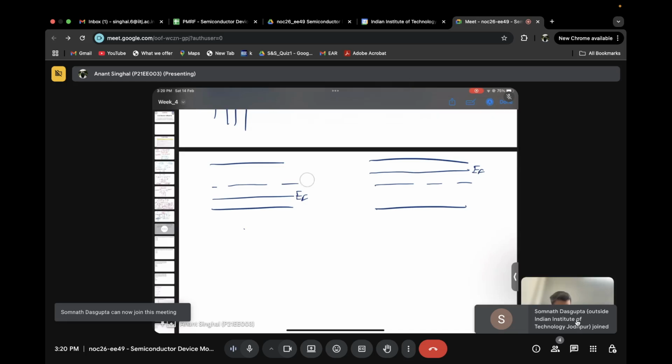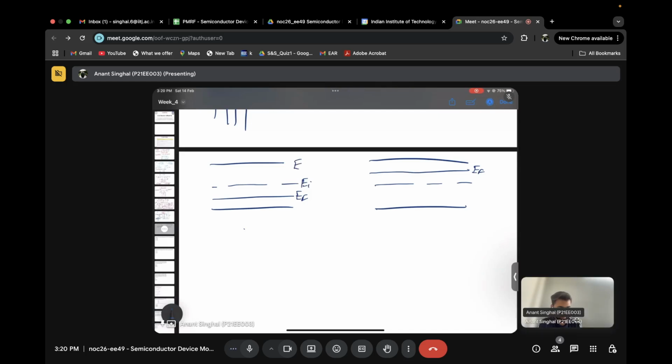Yeah, exactly. Because the Fermi level is close to the valence band for this P-type material, and the Fermi level is close to the conduction band for this, so it would be the N-type material. So let me write this as EFP, and I can write this as EFN for clarity.